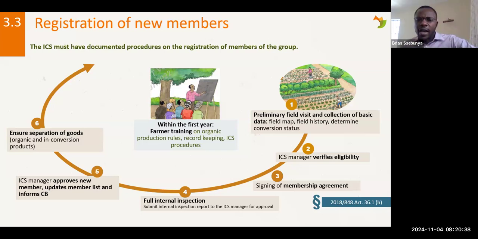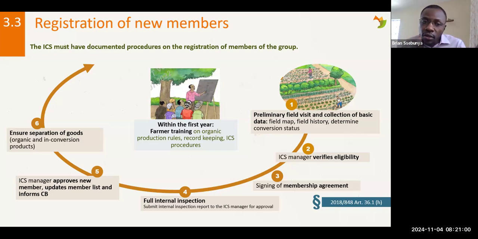And of course, you add a note that within the first year of registration, they have to be trained on organic production rules, on ICS, record keeping, etc. So this is just a very simple illustration of how a registration of new members procedure will look.